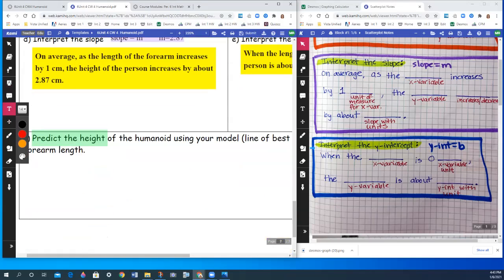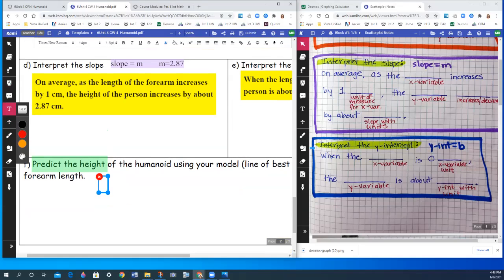So what I'm going to do is come here into my equation. And my equation was, again, y equals 2.87x plus 94.21.